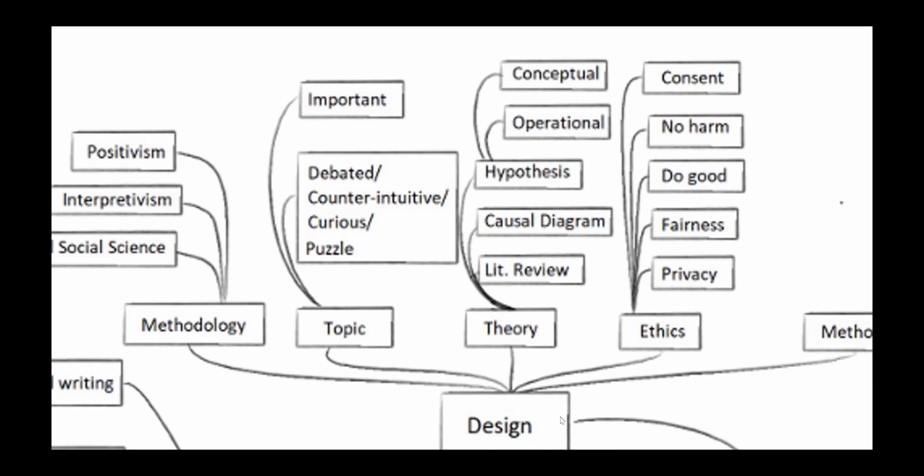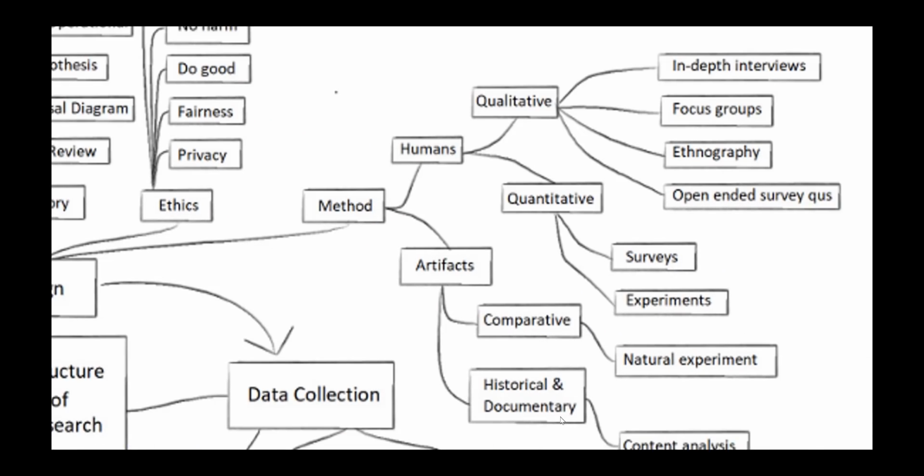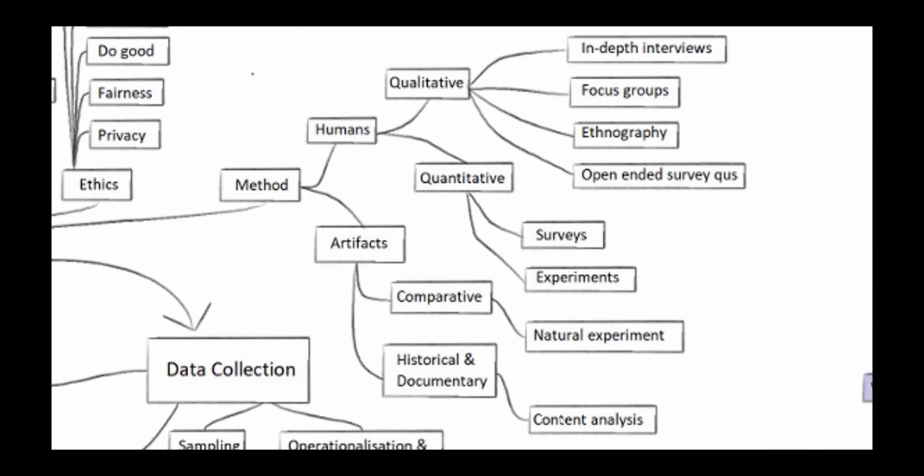The other main part of design is the various methods that exist within the social sciences. There are a few big distinctions. The biggest distinction is between qualitative and quantitative.